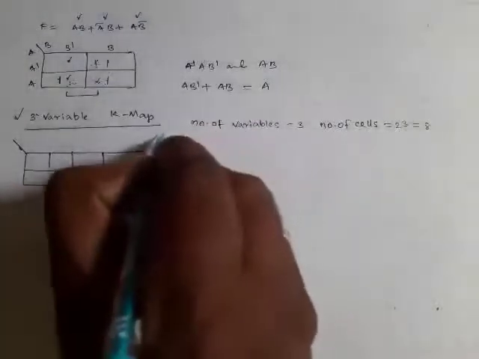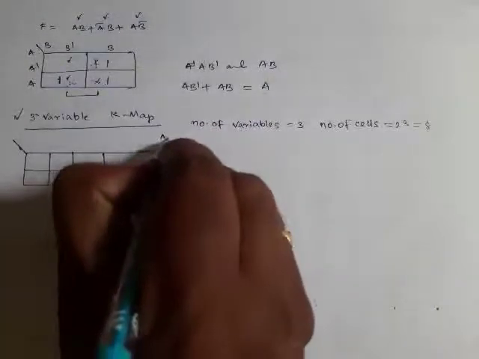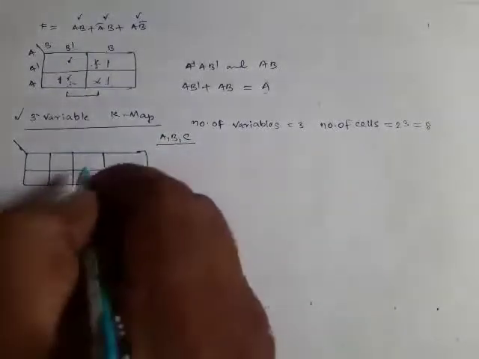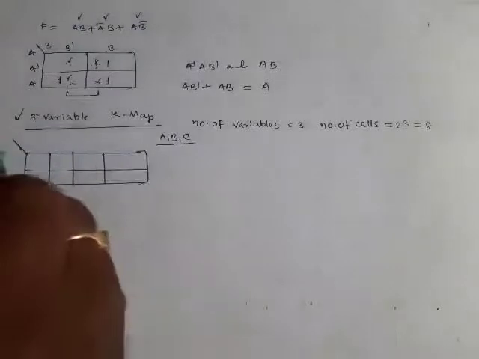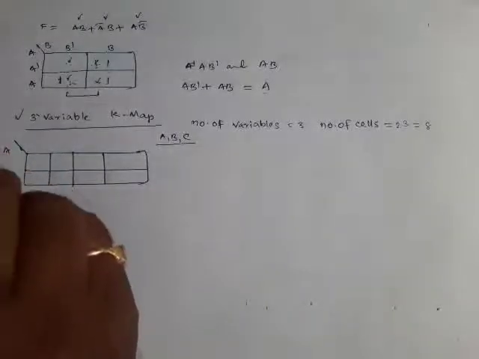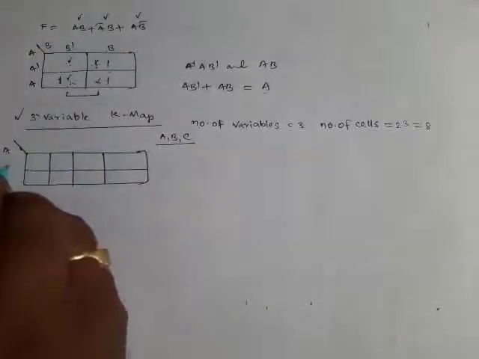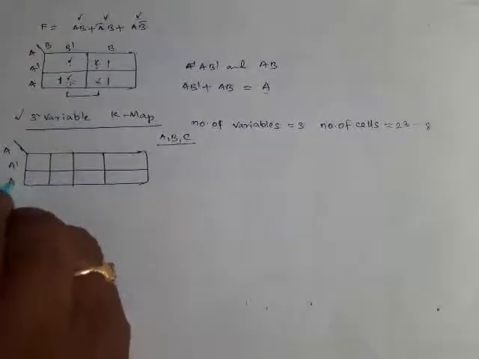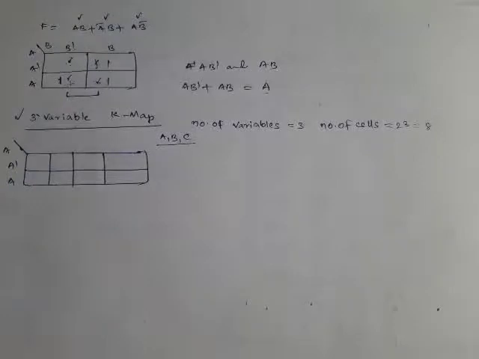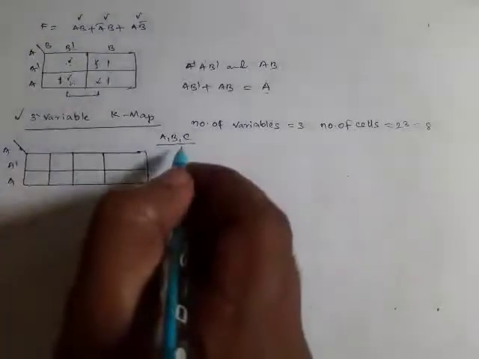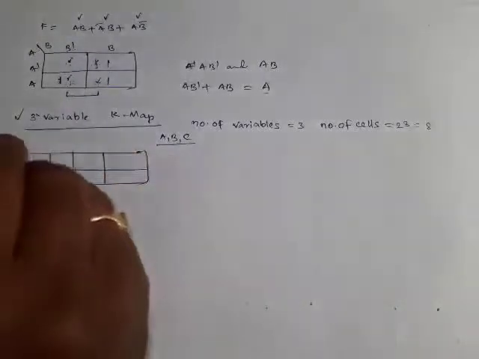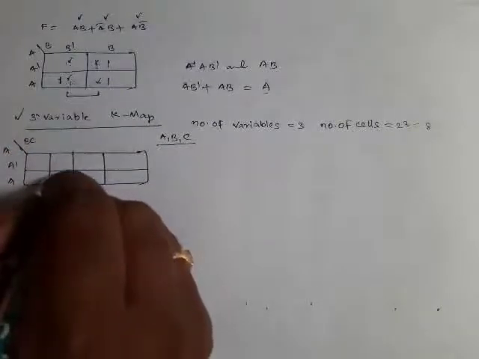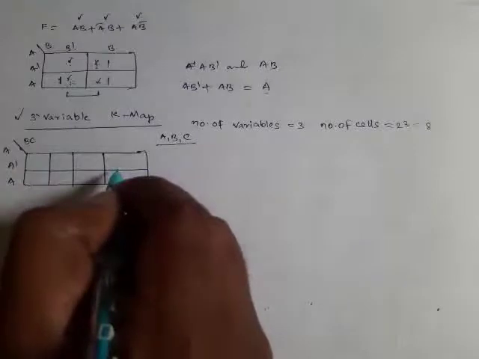And if I assume that the variables of the function are a, b, c, then I use the first variable a to represent the rows, where the value of a is 0 for the first row and 1 for the second row, and the remaining two variables are used to represent the 4 columns.